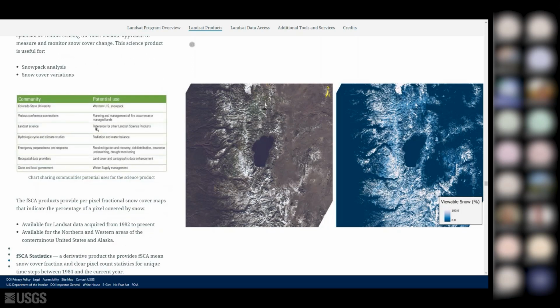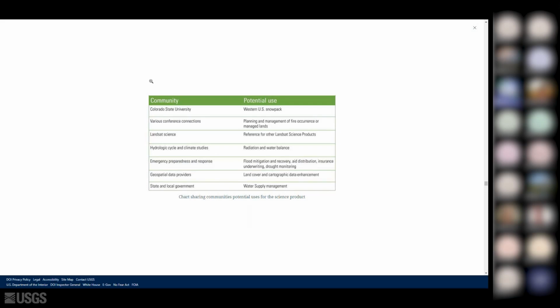And again, here's this nice little table we have of our communities. So Colorado State University can look at their Western US snowpack, and we can also use it for geospatial data providers. They can look at land cover and enhancement of their cartographic data.